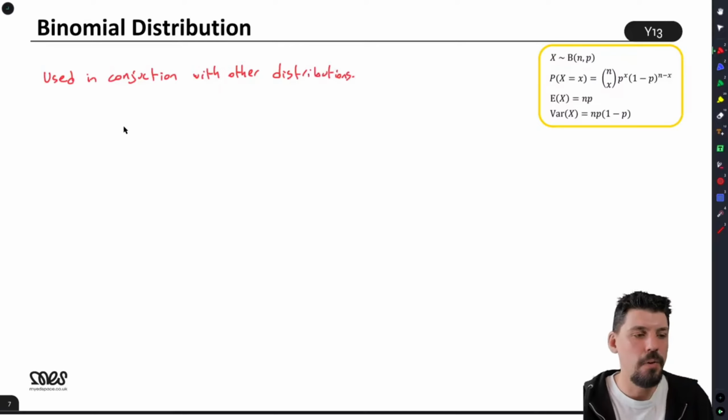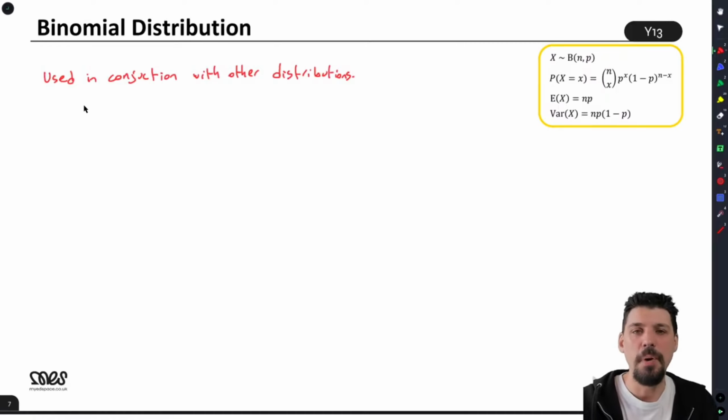You'll see we've got a couple of these coming up, some bigger questions. What I mean is we will use it as part of a question that is about something else, because it's so basic, it's our bread and butter. So we just really need to remind ourselves of when we use the binomial distribution.